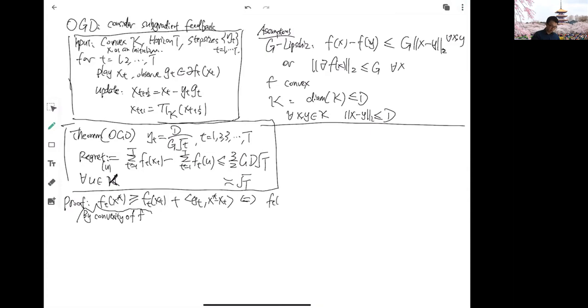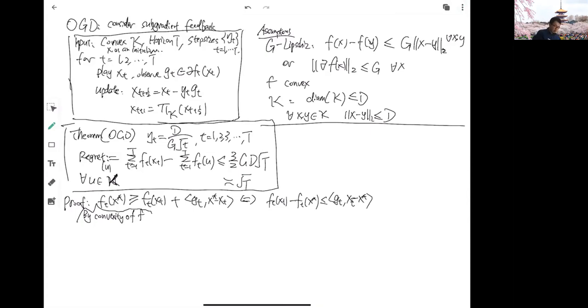So we have f_t(x_t) minus f_t(x star). In this proof, I'm just going to be using x star, but notice that you can replace x star with any other point, right? So that follows from the convexity of f, and this is lower bounded by g_t inner product with x_t minus x star.